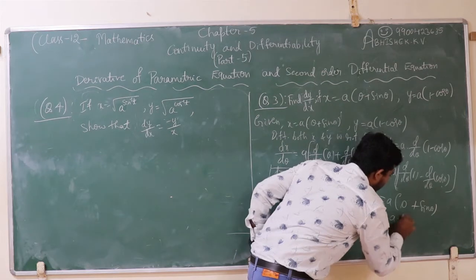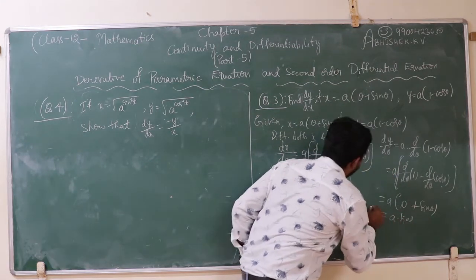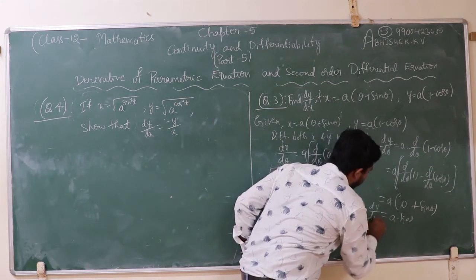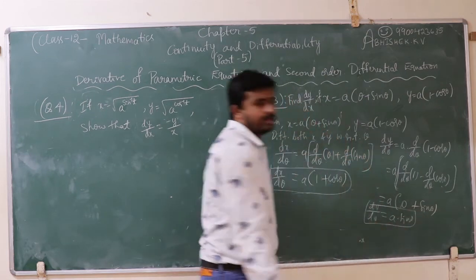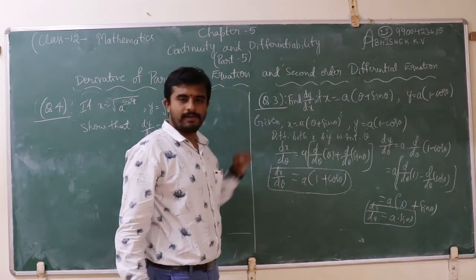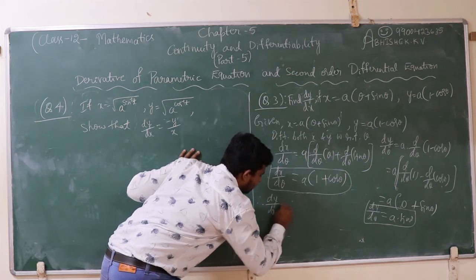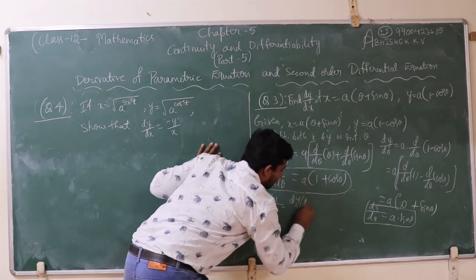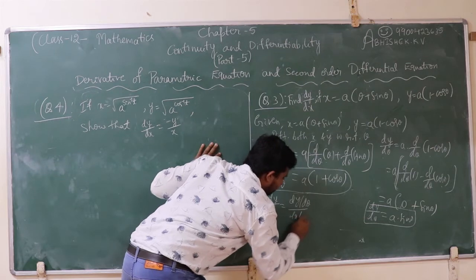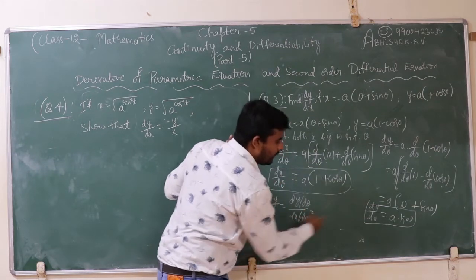Therefore, we have a into sin theta for dy by d theta. But we need to find what? dy by dx. Therefore, dy by dx can be written as dy by d theta divided by dx by d theta. What is dy by d theta?